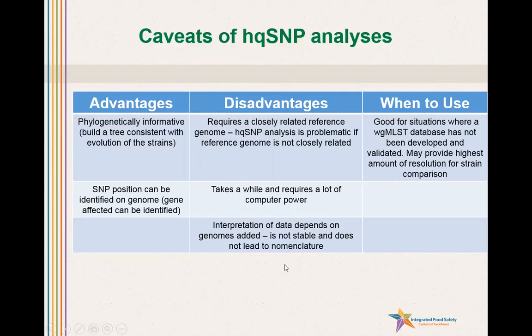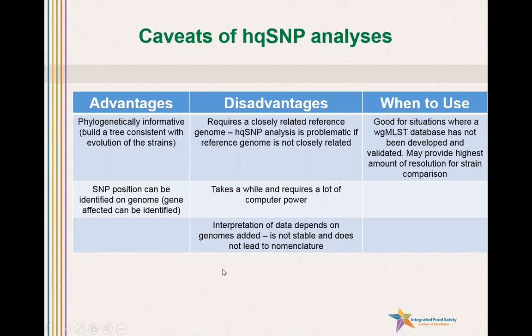These analyses, on the flip side, though, are typically more time-consuming. We're not talking about days here, but they're more time-consuming than quick whole genome MLST analysis, and can require a considerable amount of computing power, particularly as we compare more and more strains.